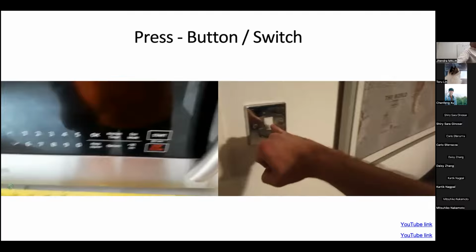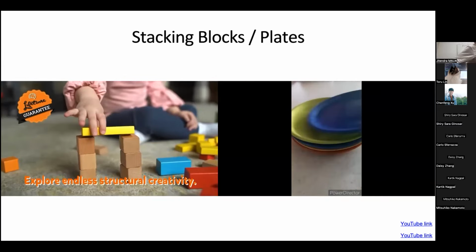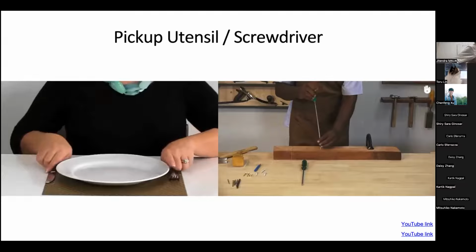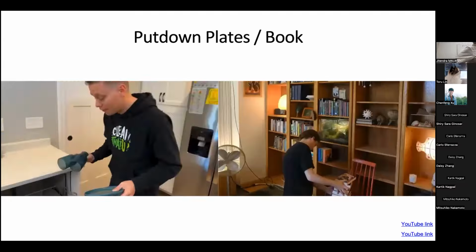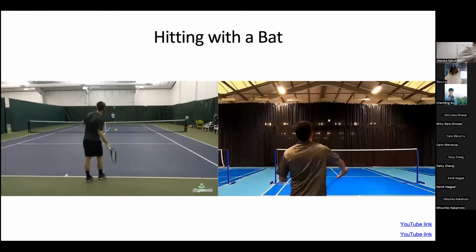So it's a task for prediction. So prediction, you will see, is a recurring theme, and prediction deals with time delays. Okay, stacking blocks. Okay, now it's getting a bit... pick up utensils. Anyway, hitting with a bat.